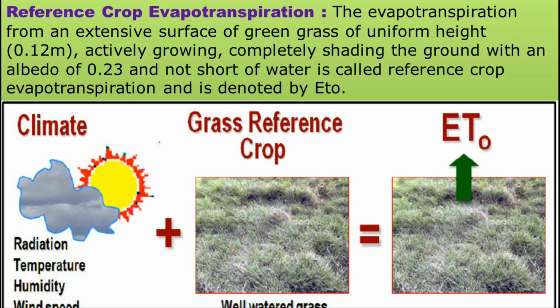Right friends, here the image is given. The climate includes radiation, temperature, humidity and wind speed. This is the grass reference crop, that means well watered grass, and the water evaporated from this grass canopy is called reference crop evapotranspiration, ETo.